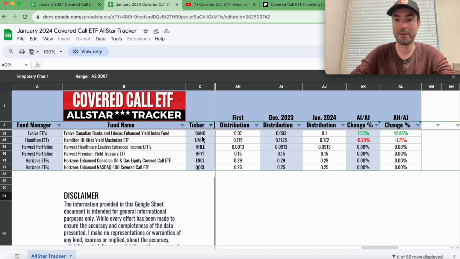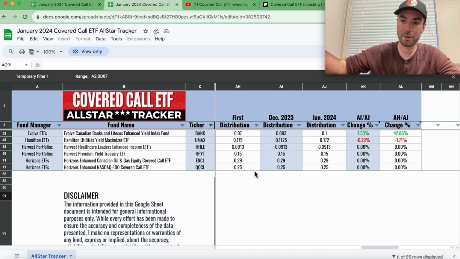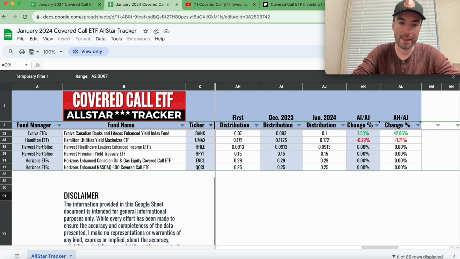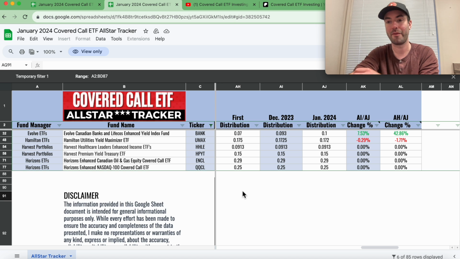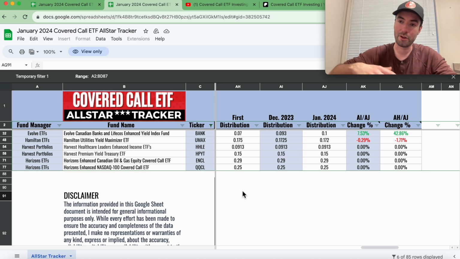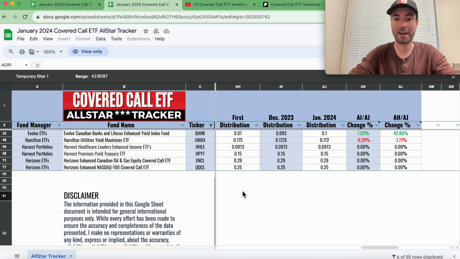Some of these funds, for those who aren't aware, have 3 different versions of the exact same thing. So that will come in February. And then I'm also looking at adding in February the distribution history of all of these Canadian funds. And then for the March update, I'll be including as many American covered call ETFs as well.